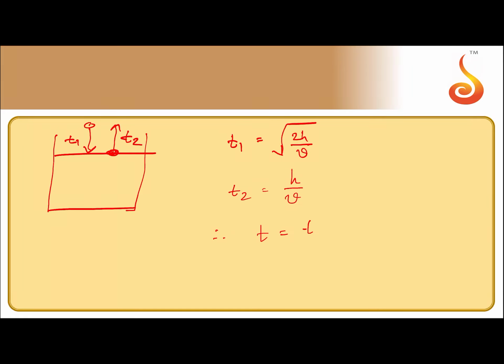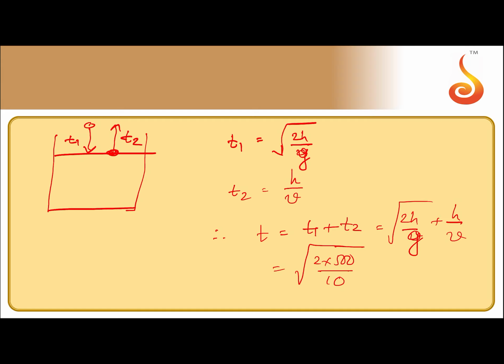Therefore, the total time taken is t1 plus t2, which is square root of 2h divided by g plus h divided by v. With all the details here, this is square root of 2 into 500 divided by 10, acceleration due to gravity, that is g, plus h divided by v, which is 500 divided by 330, and that adds to 10 plus 1.5, which is equal to 11.5 seconds.